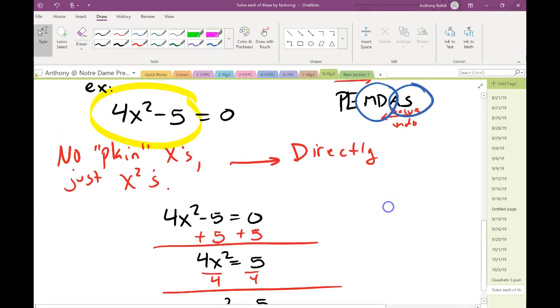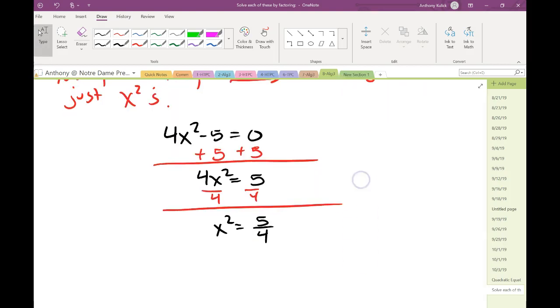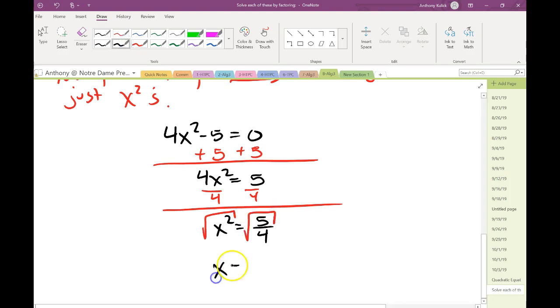The next thing I want to deal with are the exponents. How am I going to get rid of that squared that's attached to the x? Yeah, we square root both sides. What do I have to remember when I square root both sides of an equation? It generates a plus or minus.